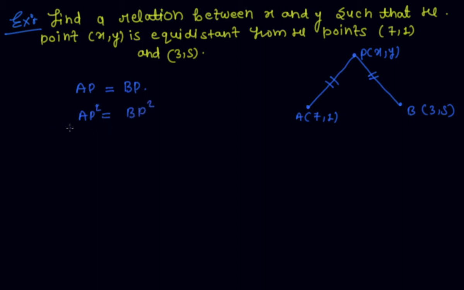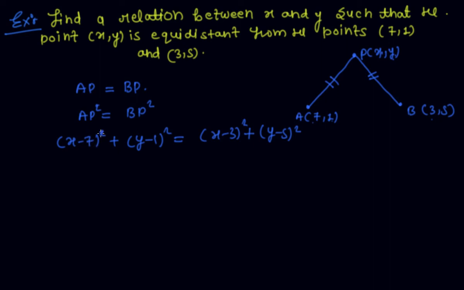Now apply the distance formula: (x minus 7) square plus (y minus 1) square is equal to (x minus 3) square plus (y minus 5) square.